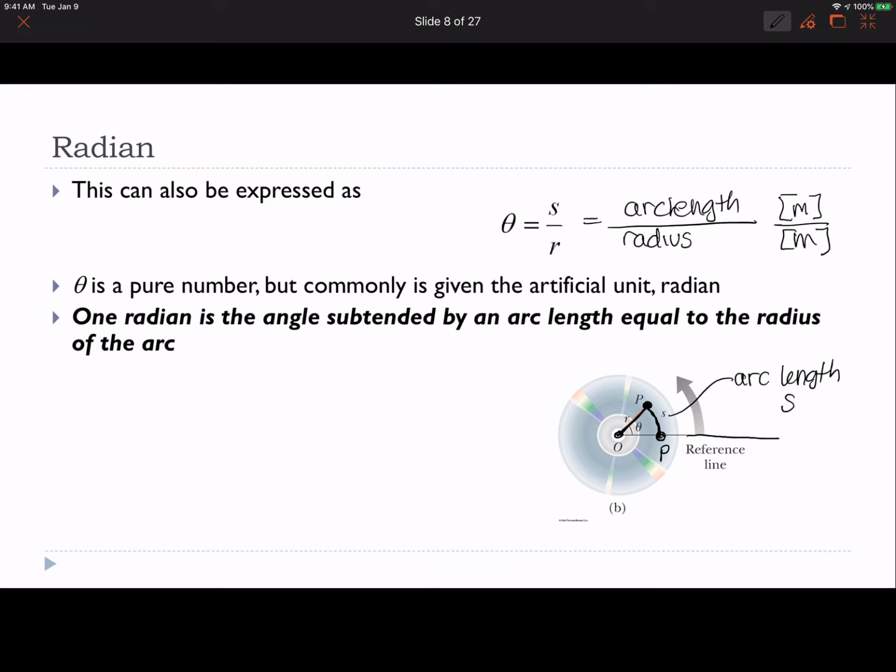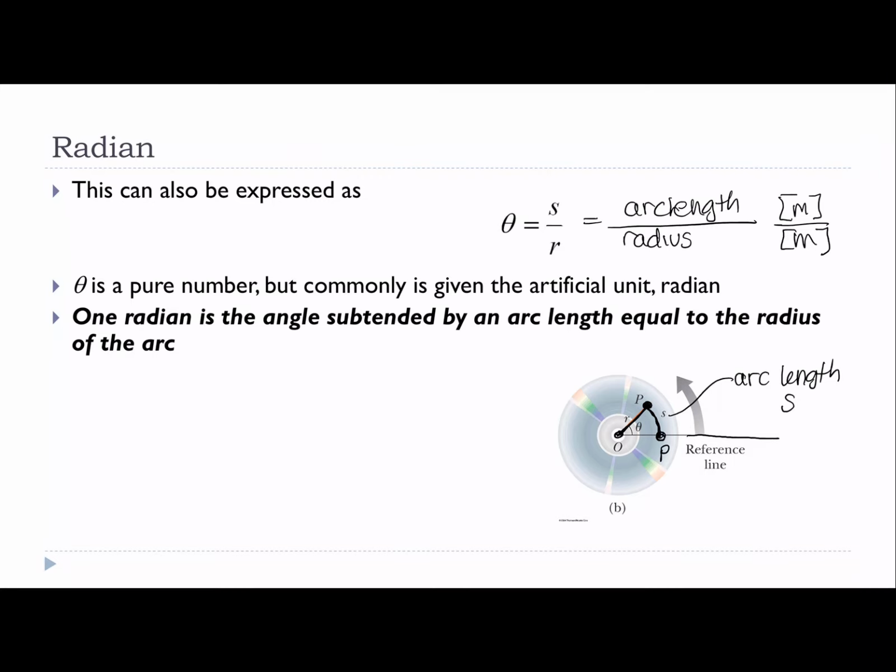Certainly one thing we can think about is the relationship between angles and revolutions and degrees. If I go 1 revolution, so I go all the way around 1 time, then the angle that I go through is equivalent to 2 pi radians.